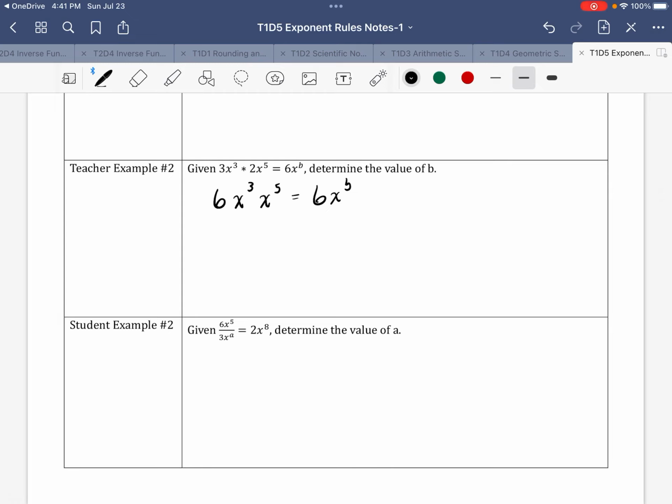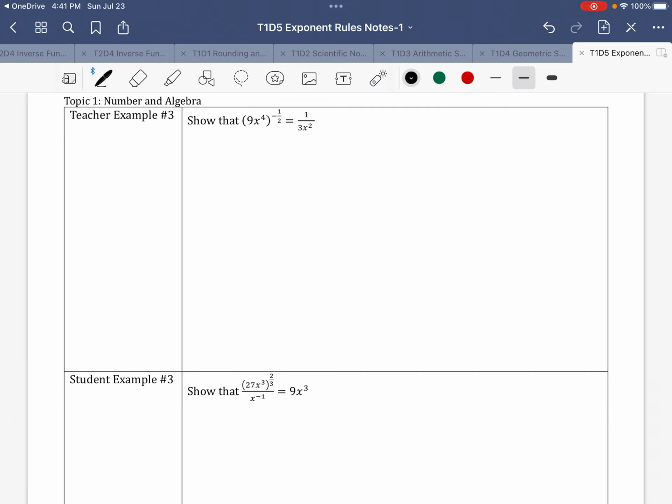Since we have our x's here combined, we know we have to use our product rule. So 3 plus 5 is going to end up equaling b, so b equals 8. Try student example number 2 on your own.